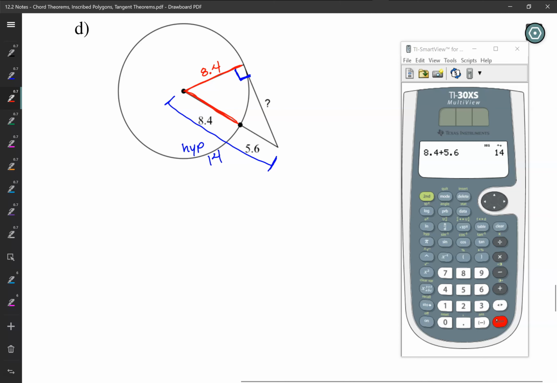So I know that that side is also 8.4. If I call the question mark x, I've got leg squared plus leg squared, 8.4 squared, equals hypotenuse, which is 14 squared.